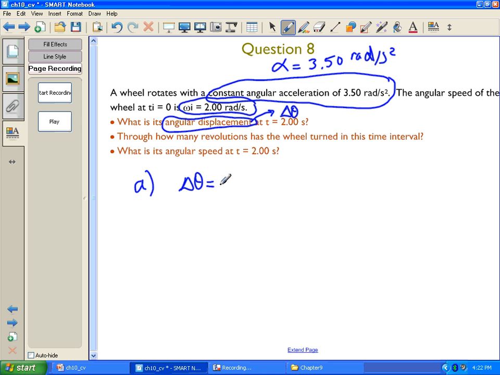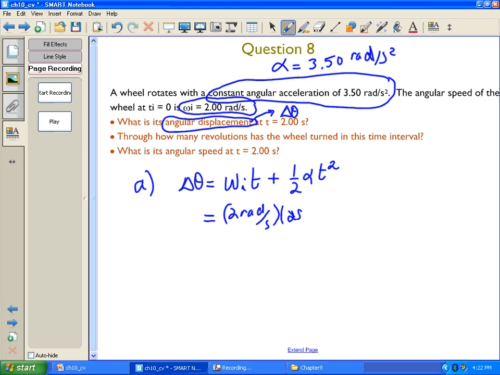We can readily obtain delta theta using the first one, delta theta equals omega initial t plus 1/2 alpha t squared, where t is none other than 2 seconds.